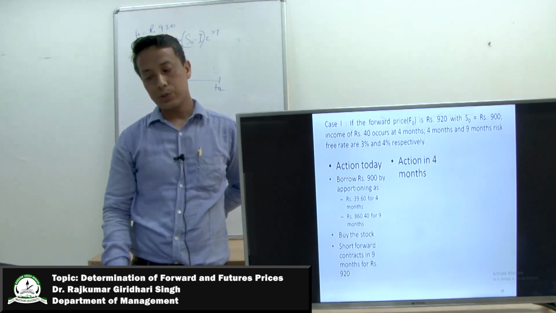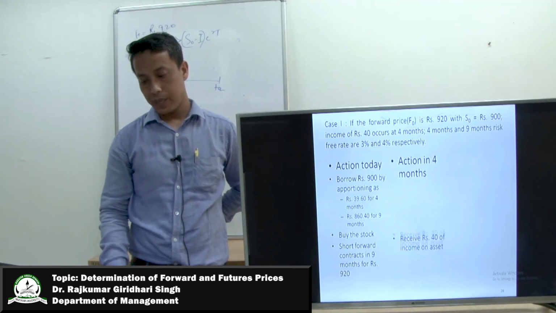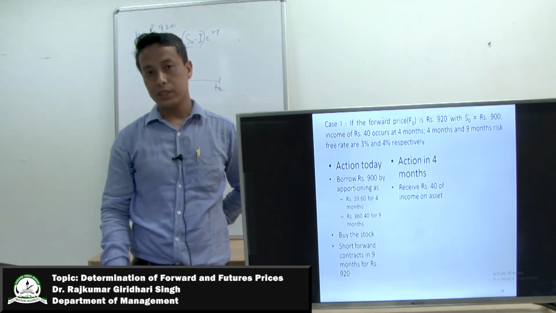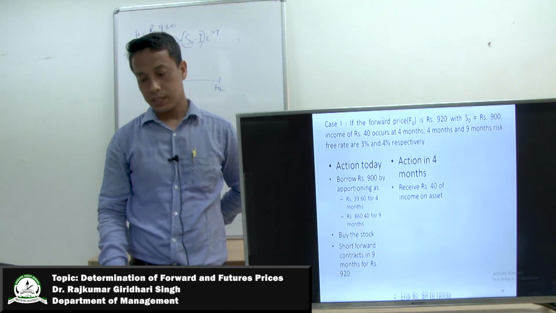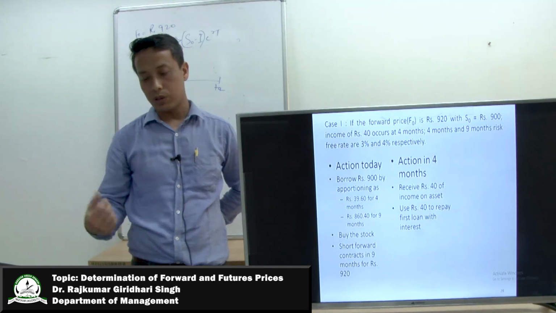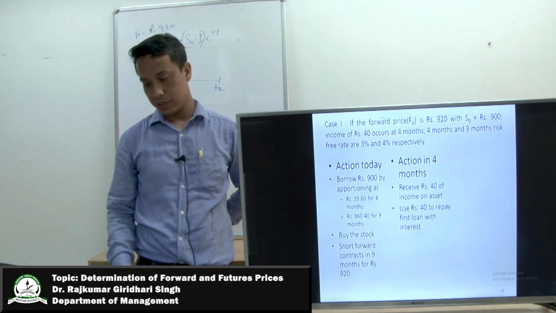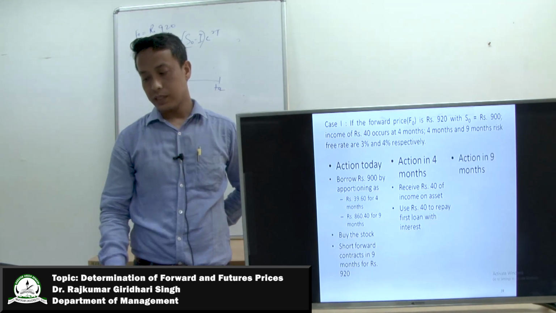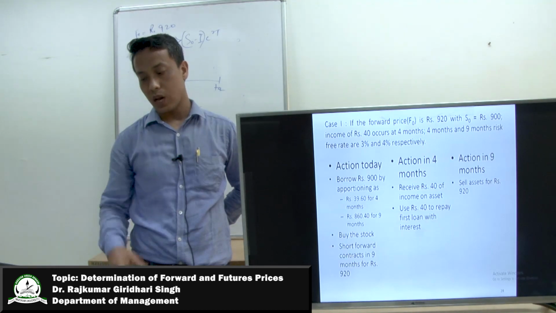Then what things do we need to do in 4 months time? So we'll receive rupees 40 income on the asset, and with this rupees 40 we can pay back the first portion of the loan, that is 39.6 with interest, right? Then at the end of the 9 months, we'll sell the asset at rupees 920. How are we able to sell it?